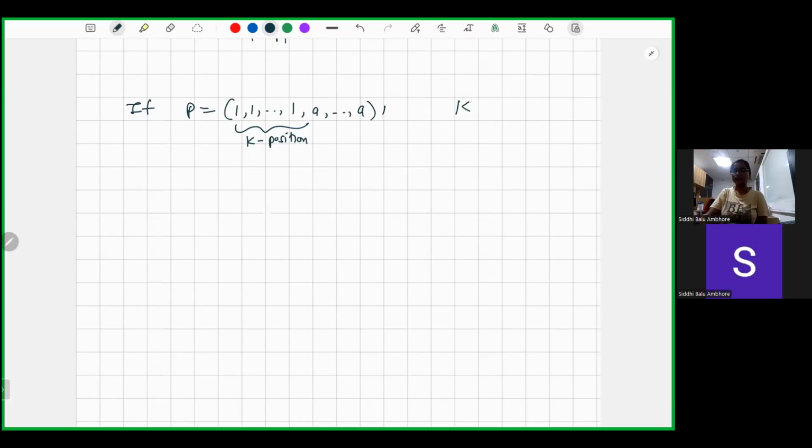This k is less than or equal to n, doesn't matter. Equal to n will not create any harm.